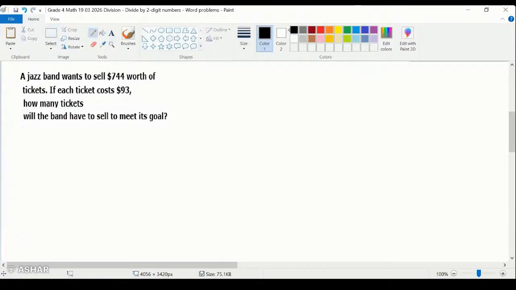This is our question number 5. A band wants to make an income. They are saying that they have 744 worth of tickets, right? Dollars worth of tickets.